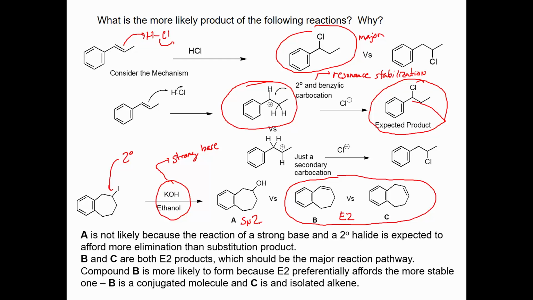All right. Now, which would be the major product? Well, compound B, we can look and see right here, we have a conjugated system embedded within the molecule. Okay, whereas C is an isolated alkene.